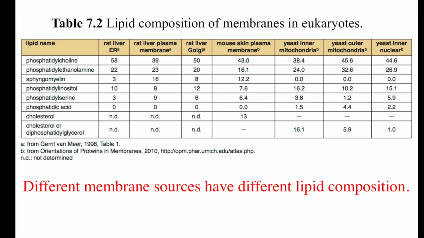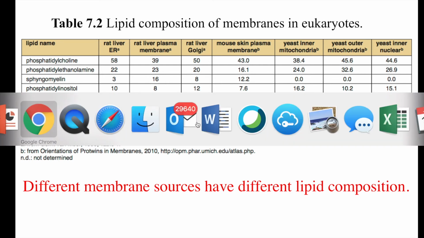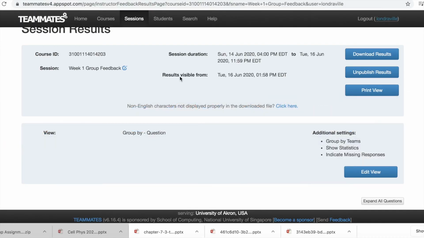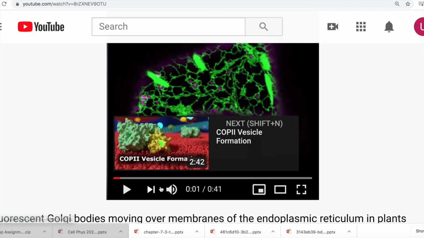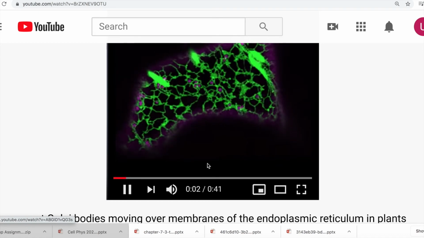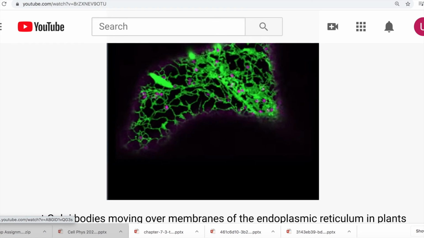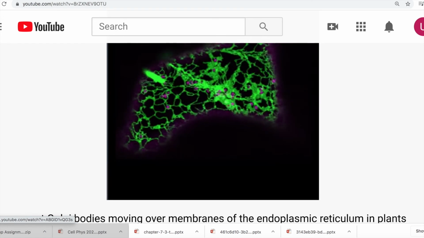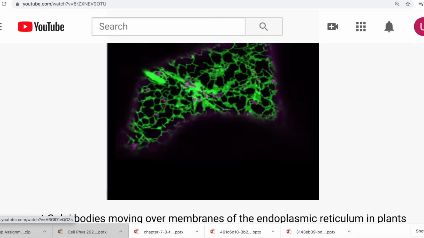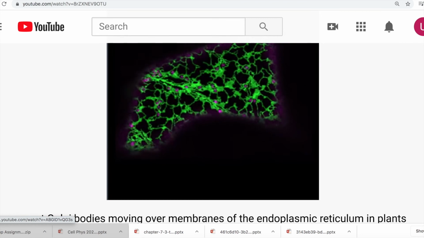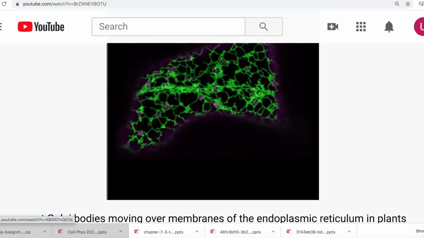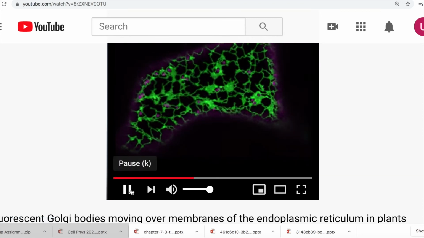Membranes are not rigid over time, they change. I'll show you this little movie. So here membranes are labeled in fluorescent green, looking at a cell, and over time you can see they are very dynamic, that they change pretty dramatically over time. Okay?